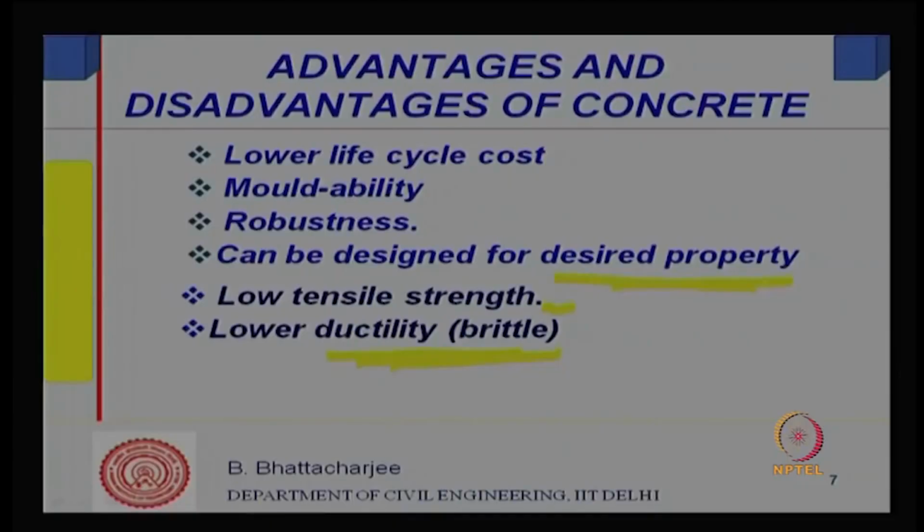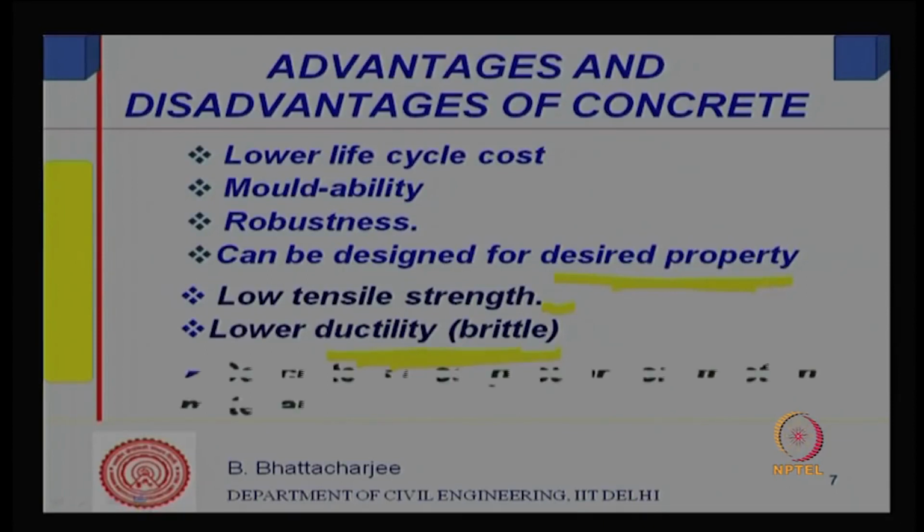Therefore, when we use concrete as a structural material, we rarely use it alone, except in gravity dams or massive structures where we use mass concrete. Reinforced concrete or pre-stressed concrete are again another form of composite. They are quite versatile, and we can design them for almost whatever property we desire.